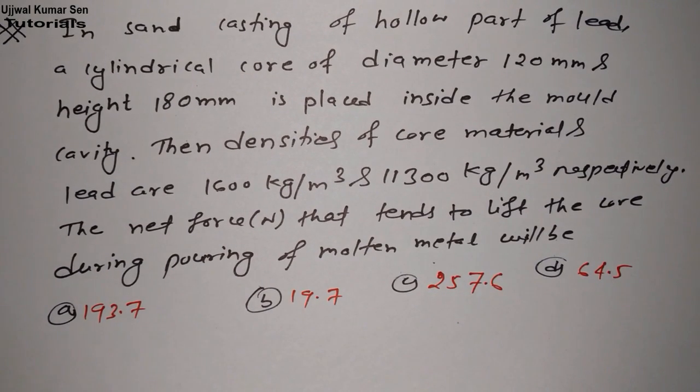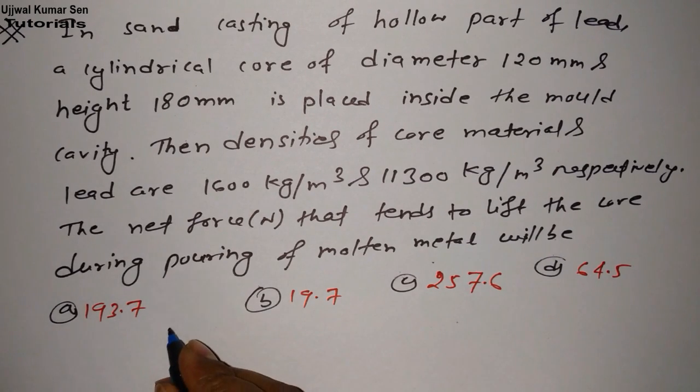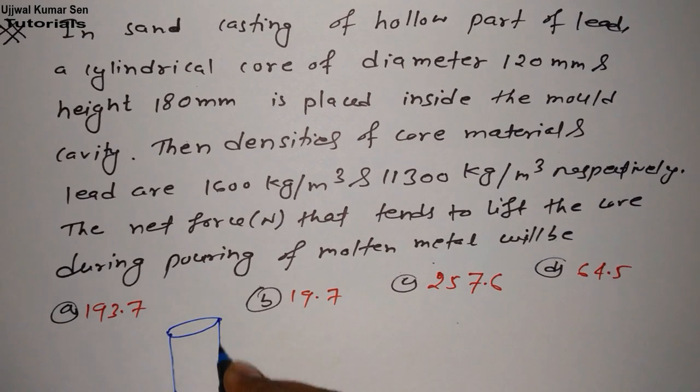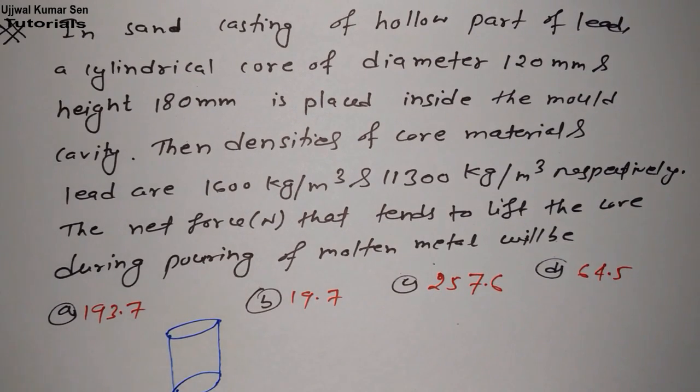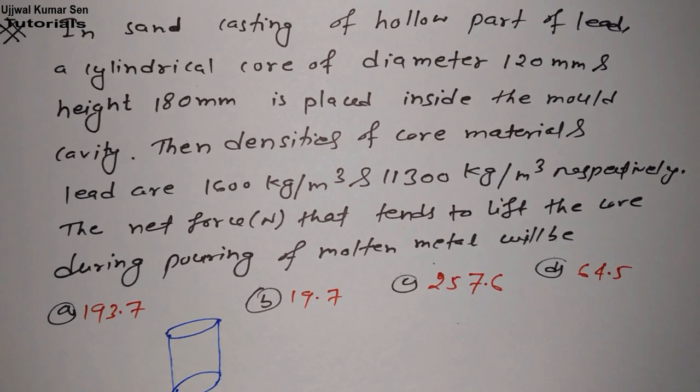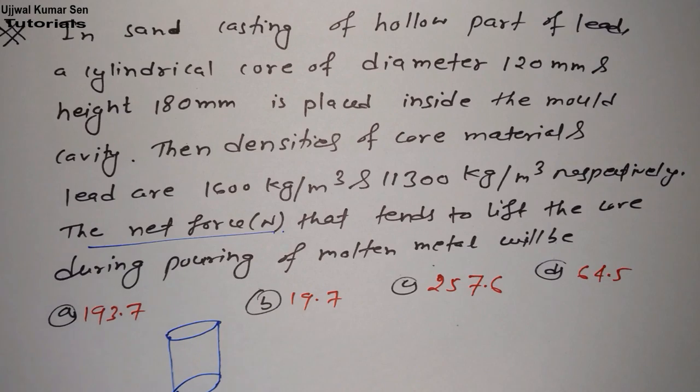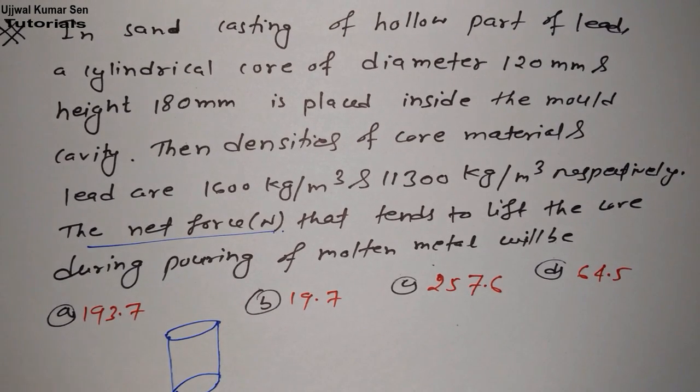In sand casting of a hollow part, a cylindrical core is used. First of all, we need to know every formula about a cylinder. Most useful here is volume, because the volume of the core is required to find the upward balancing force. Here we have to find the net force in Newton.